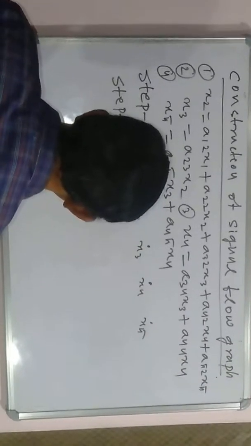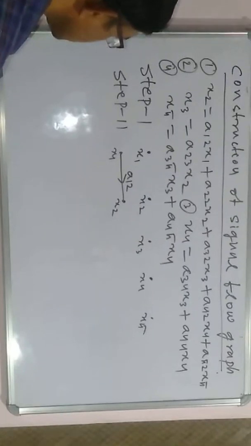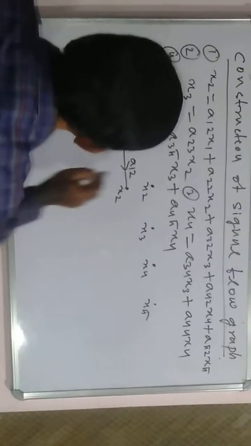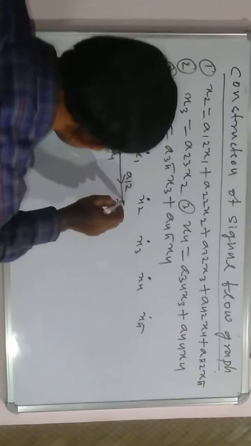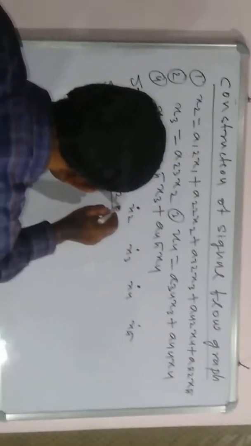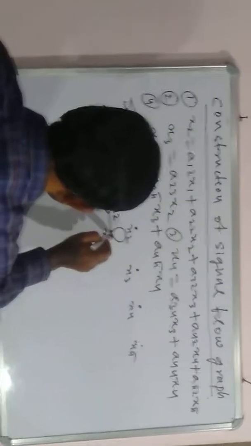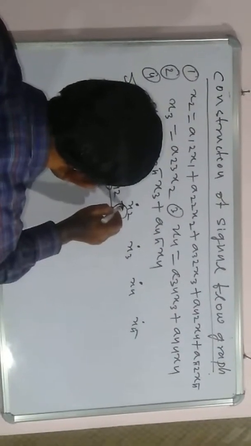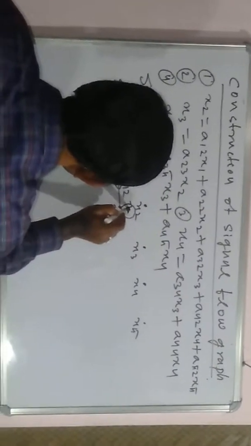This belongs to the transmitting rule. Next, a22 x2 means this is a self loop. It starts from x2 and again reaches x2. This is a22 x2.